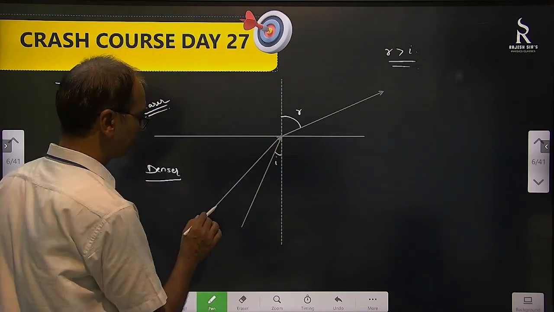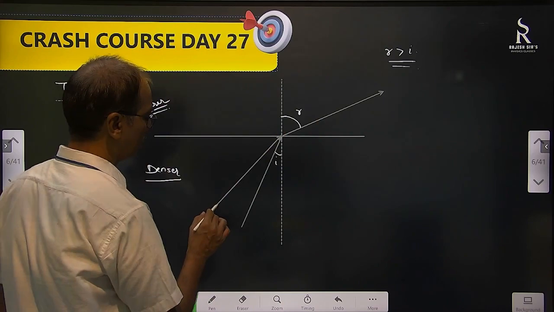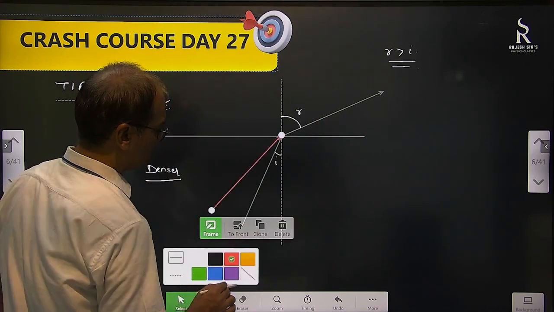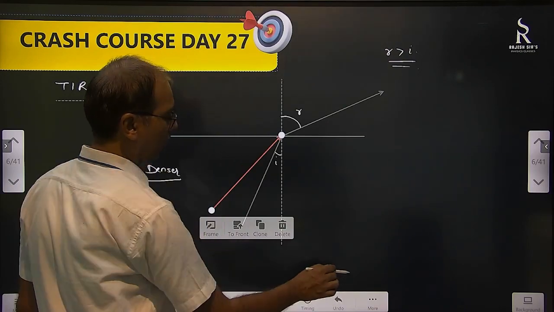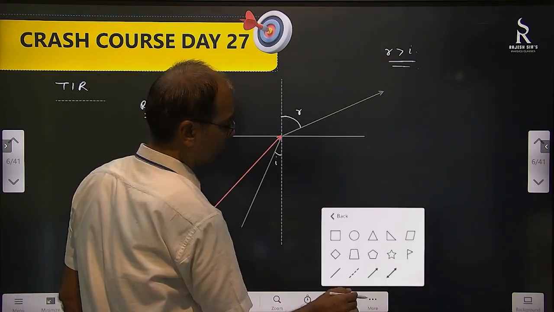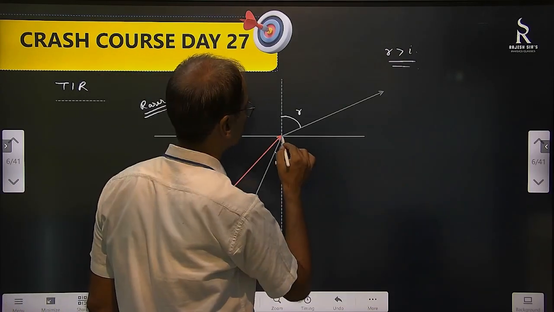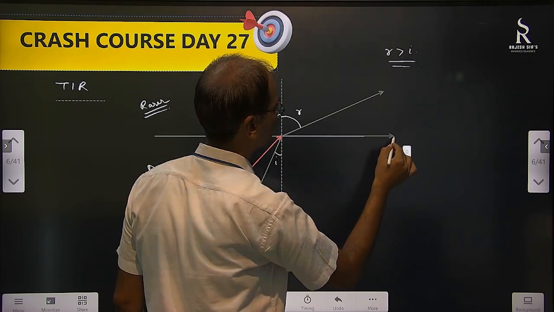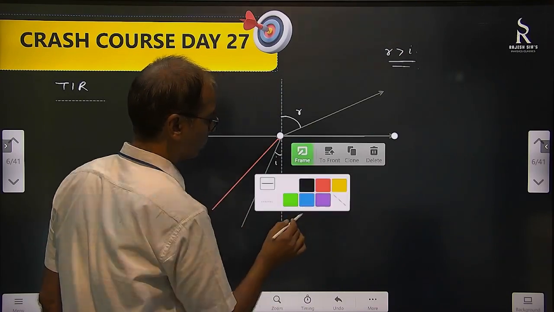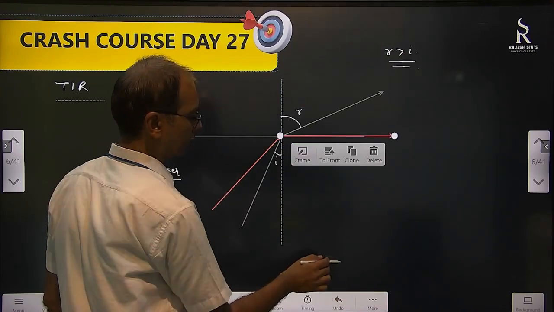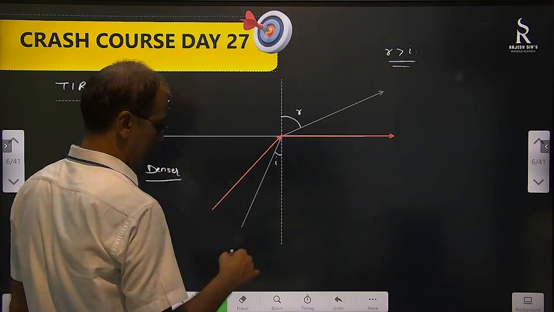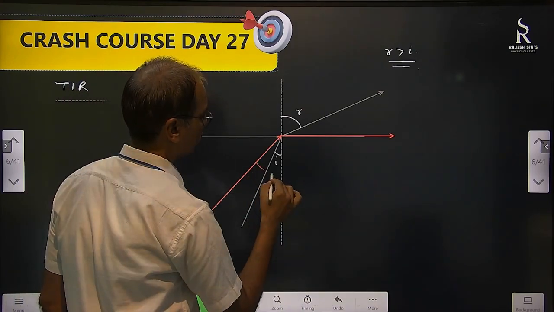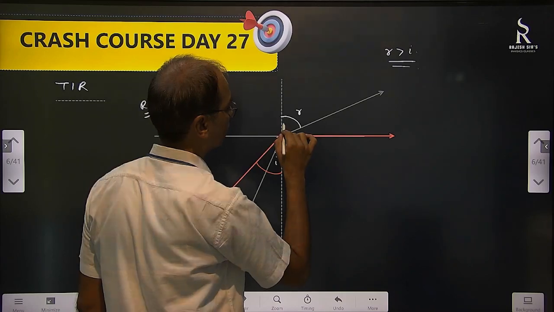Let me make it with a different color, red. So the angle of refraction became 90. It is going like this through the surface, and this here is 90 degrees.